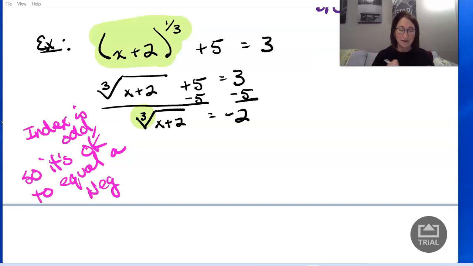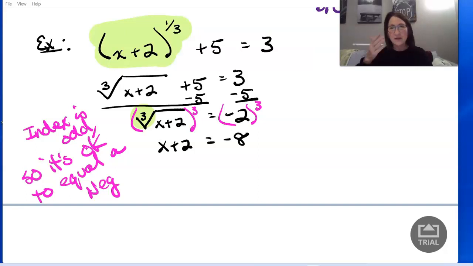The next thing we want to do is raise both sides of our equation to a power equal to that index. So we're going to raise both sides to the power of 3. That is going to give me x plus 2 equals -8, because -2 times -2 times -2 gives me -8.